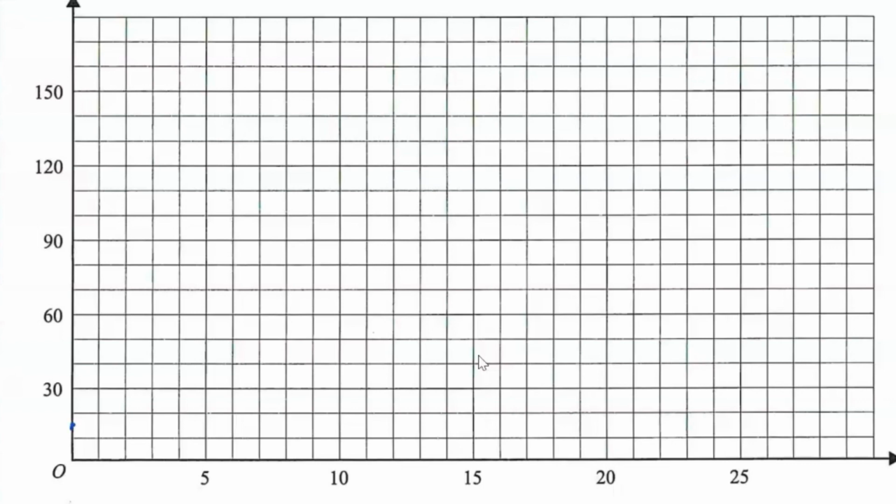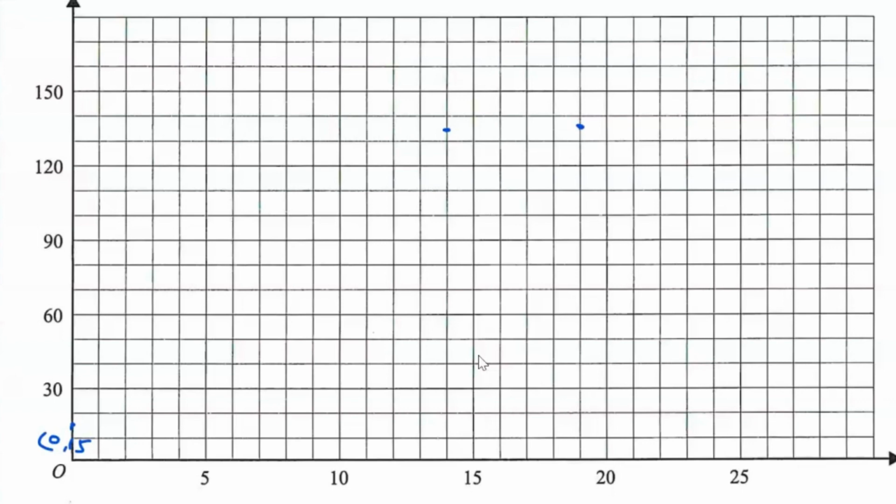So up there, that was 0, 15. And our other point was 15. When it was 15, it's 135 somewhere here. Somewhere there. So my other point is actually when it's 20, it's also 130. So that's going to be a line.